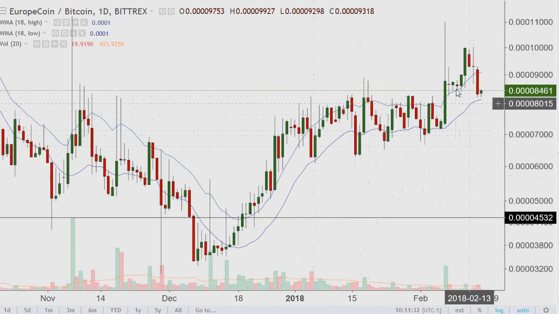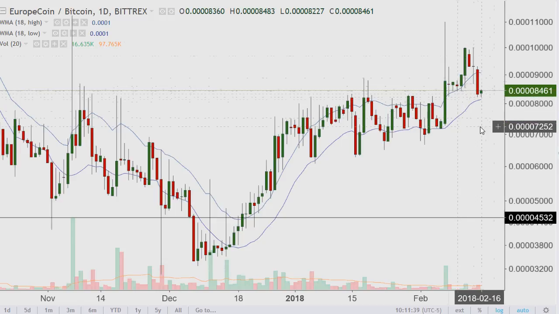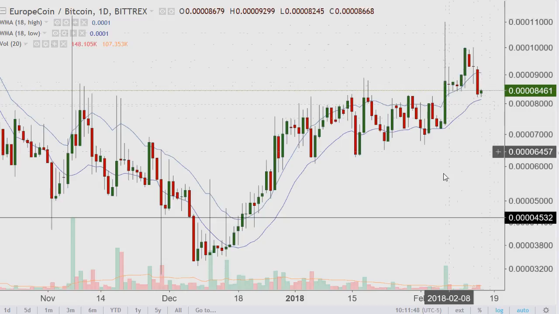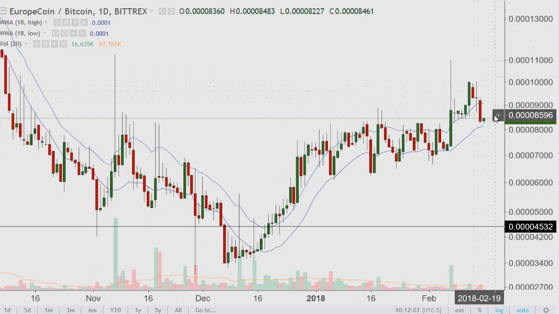But on the contrary, if this 18, especially now, starts to give in and price starts to fall and stay below the 18 lows, if price stays below 8,000 Satoshi, that is a failed breakout in my book, and I'd be definitely looking for a move at least down towards this line. So you've got the if, else situation. It's basically made a statement, a big up or down move is going to come in, and you're going to really want to take a look at this 18 average band to see which direction it's going to go.